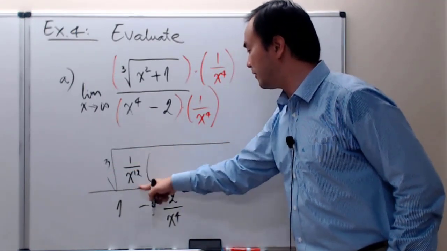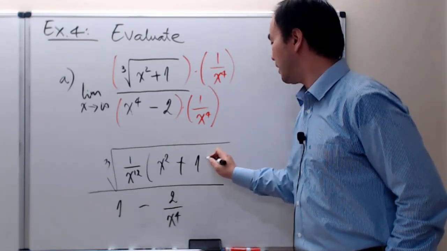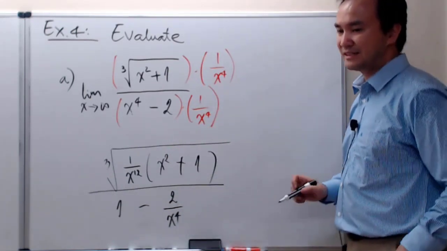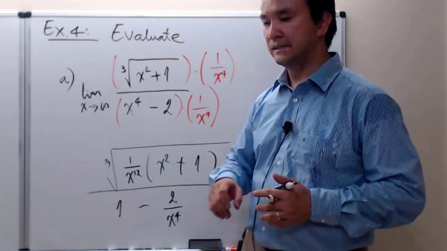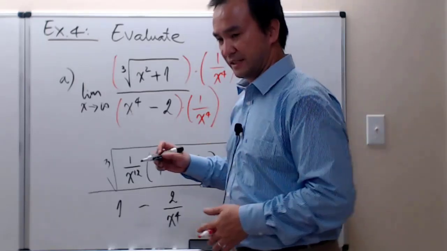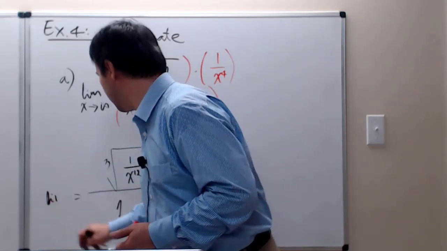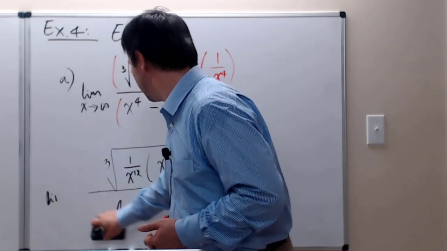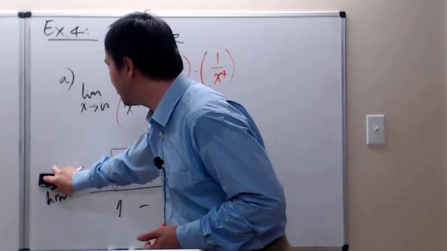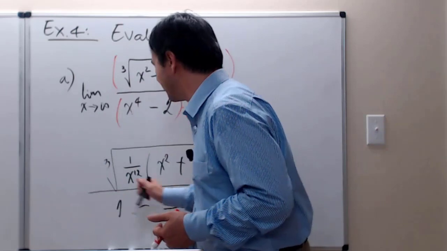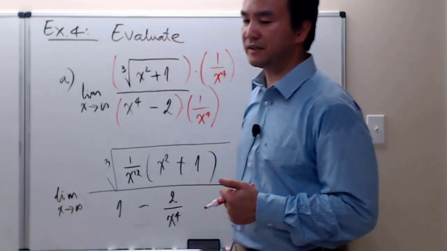And now that 1 over x to the 12 is going to be multiplied with x squared plus 1. And of course, my limit operation remains the same here in each of the steps, because in the end I haven't done any limit work yet. x going to positive infinity.